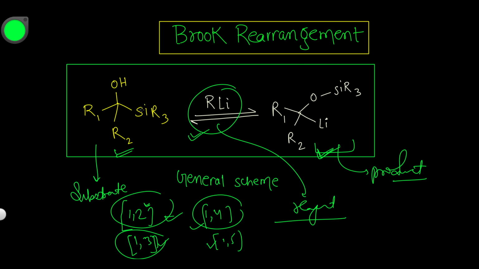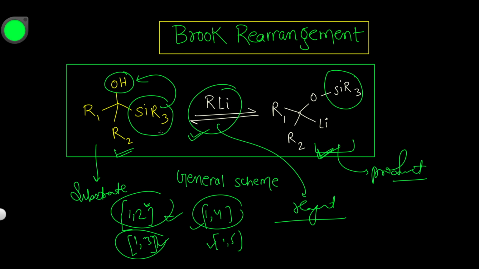One more thing, you can also observe that here is an OH, and here you will get OSiR3. It means that something is happening in this reaction. You observe that this SiR3 will migrate onto this. It means in this reaction you will find a migration of silyl.